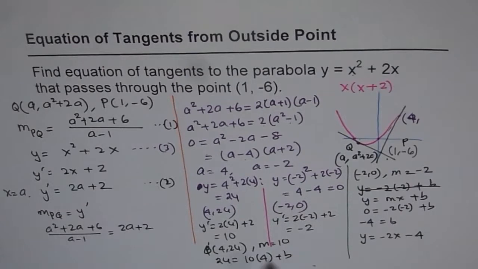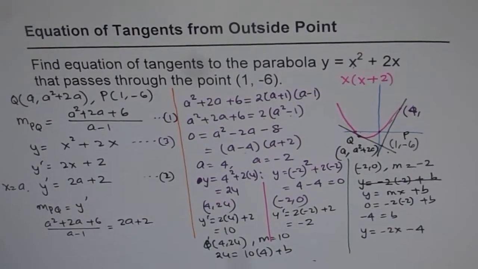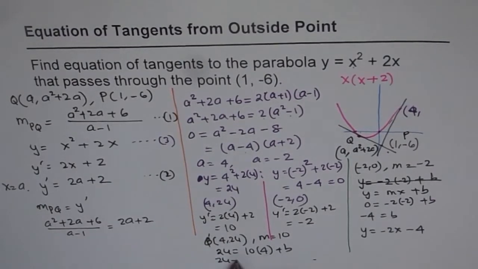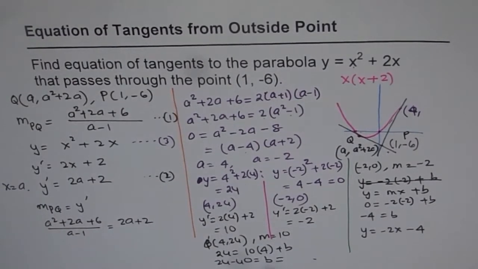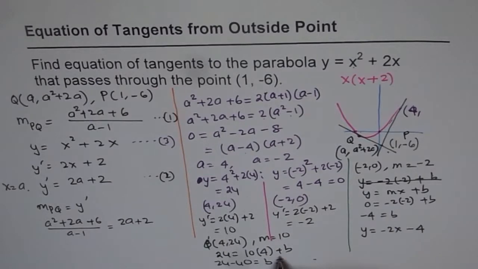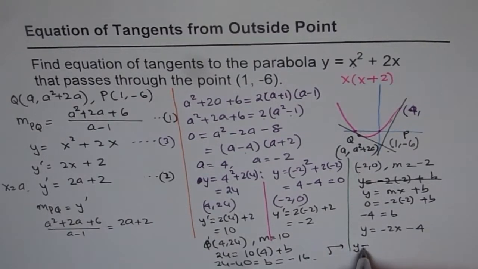And from here, we get the value of b as 24 minus 40, so b is equal to -16, and therefore the equation of this line will be y = 10x - 16, right?